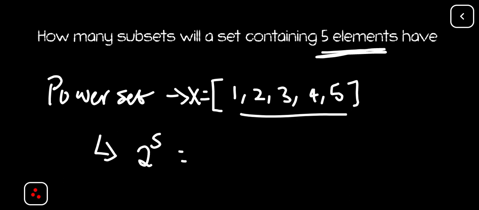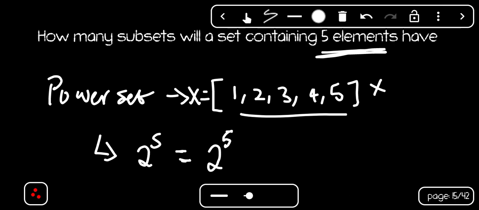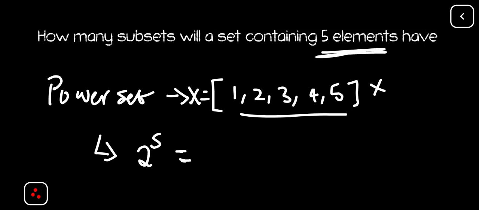So we don't have to go through all of this. We just put our value, 2 raised to power 5, which is the number of elements in this case. Let me use another color to distinguish this. So it will be 2 raised to power 5, and we know that 2 raised to power 5 is 32. And that is going to be the answer to this question.